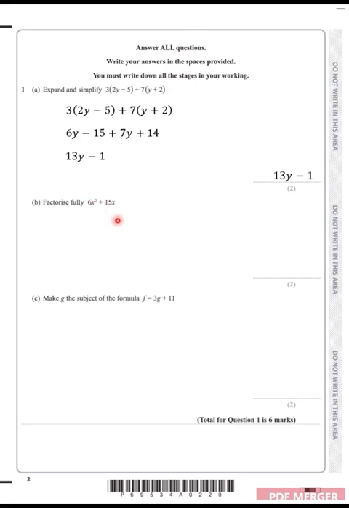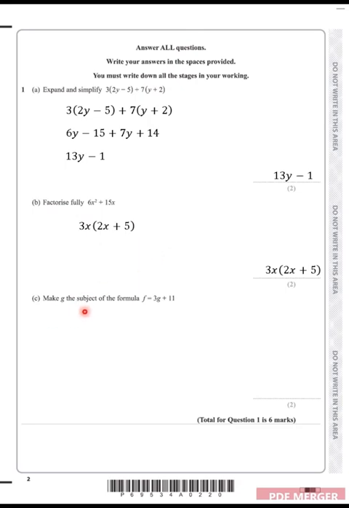Between x squared and x, x is common in both, so that means overall 3x is common in both, so leave it on the outside. And then inside, how do we get 6x squared? 3x times 2x. And how do we get 15x? 3x multiplied by positive 5.